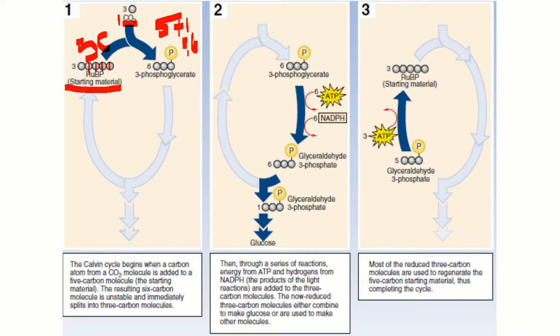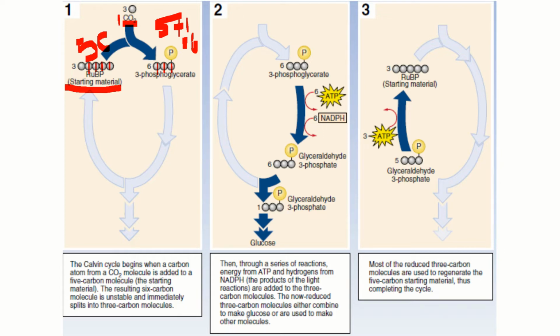The resulting product should contain 6 carbon atoms. But here you see there is 3-phosphoglycerate, and how many carbons are there in it? 1, 2, 3. So 3-phosphoglycerate is a 3 carbon compound.